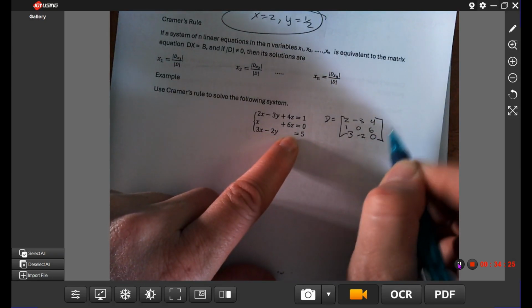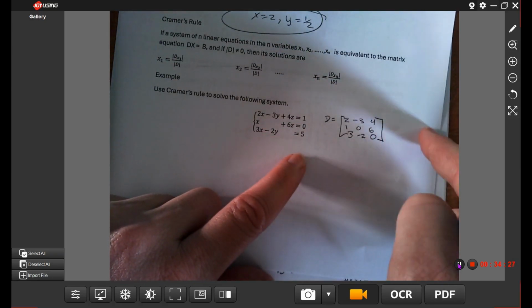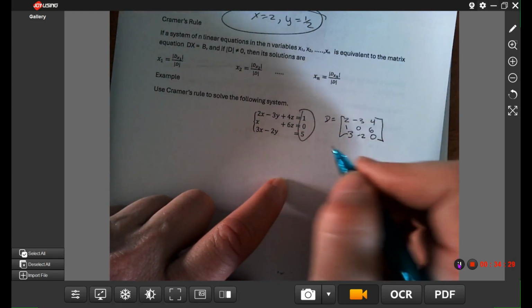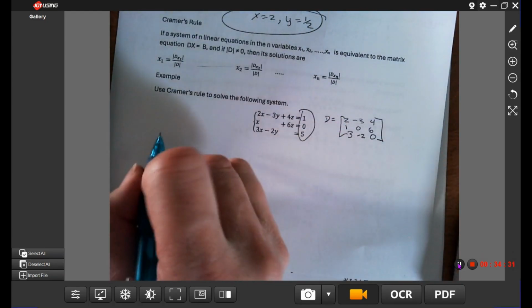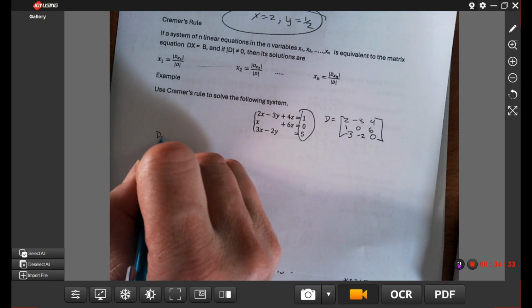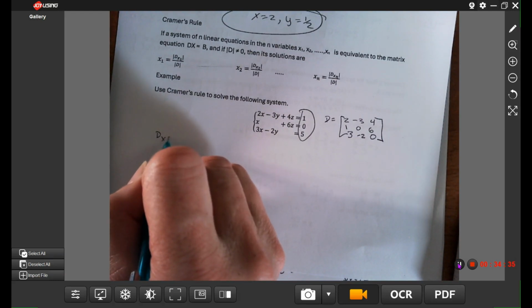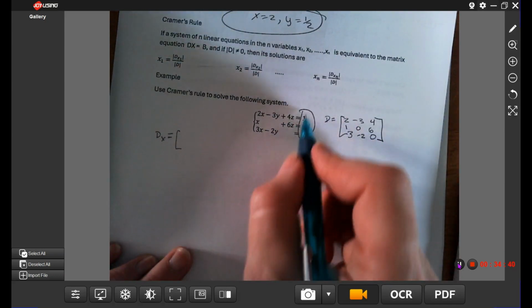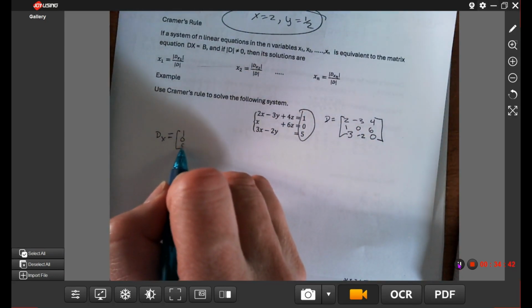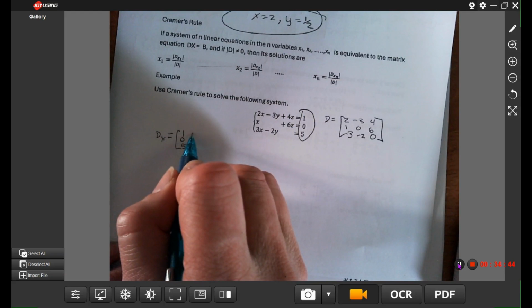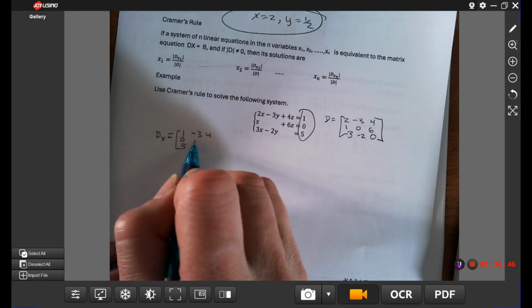And then it would be times x equals solutions. So these are the solutions. So d sub x would be, I replace the x column with the solution, so 1, 0, 5, and then I leave the other two columns the same.